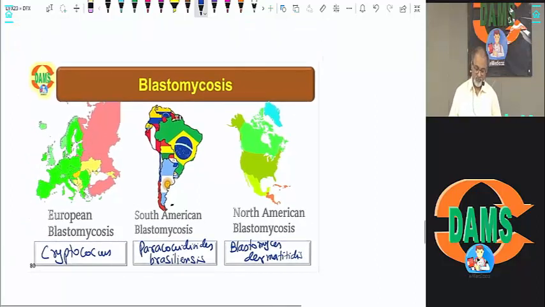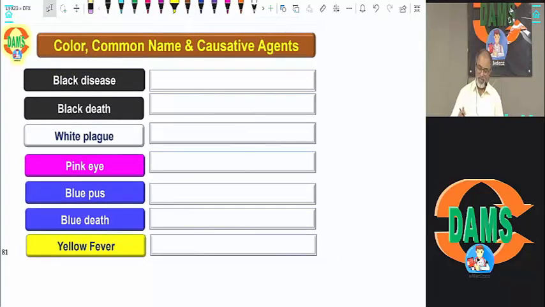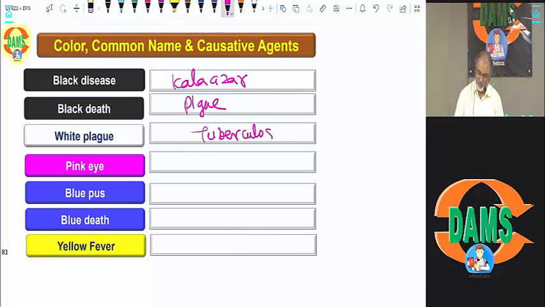Next is common names. Black disease, Kala-azar. Black death, plague. White plague, tuberculosis, tongue twisting. Pink eye, many causes: adenovirus, chlamydia.